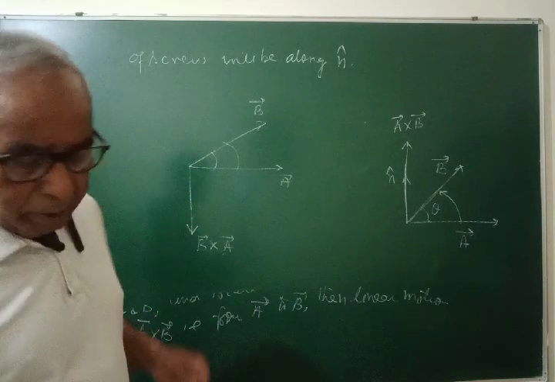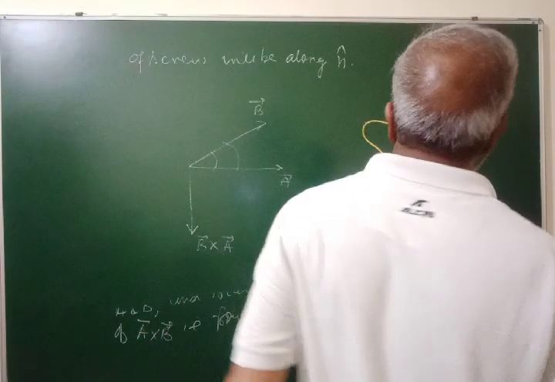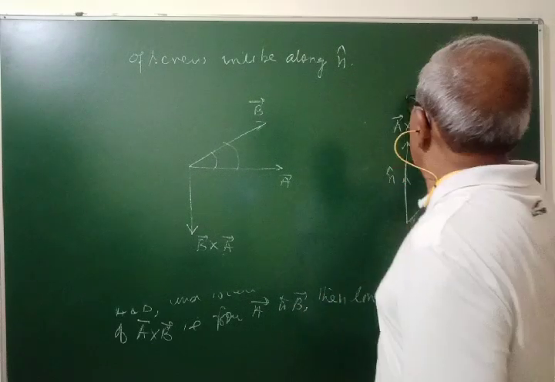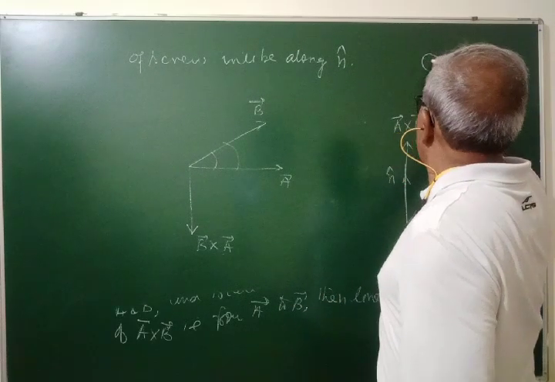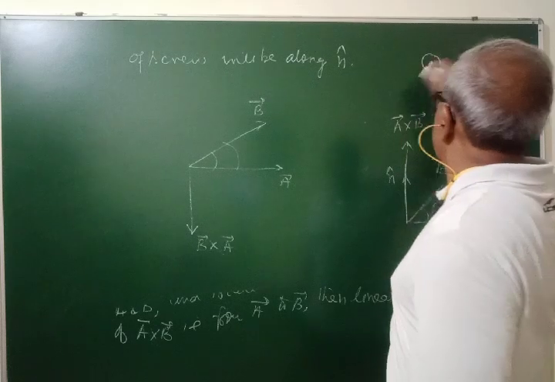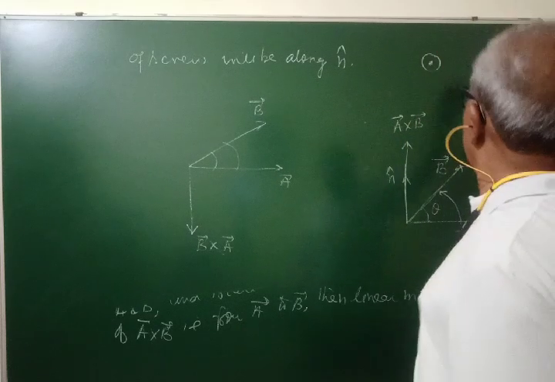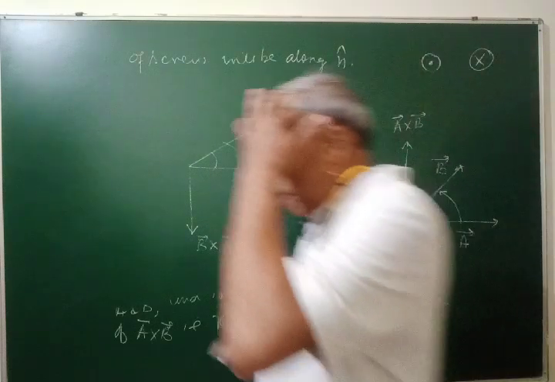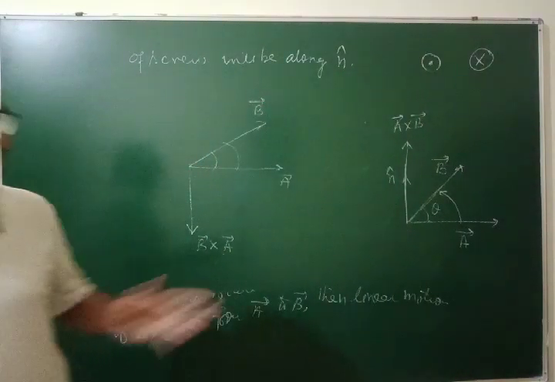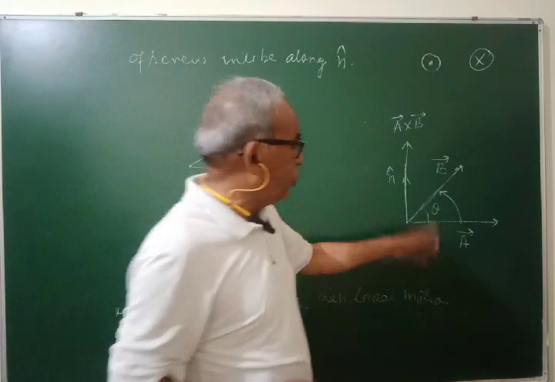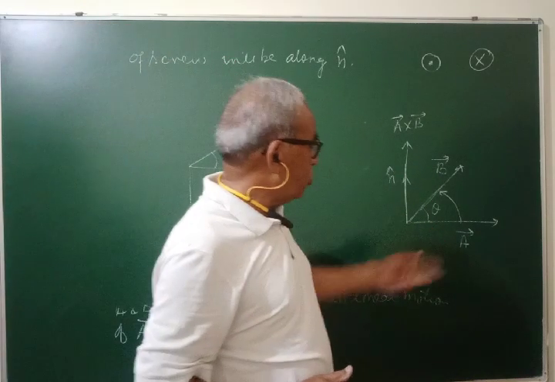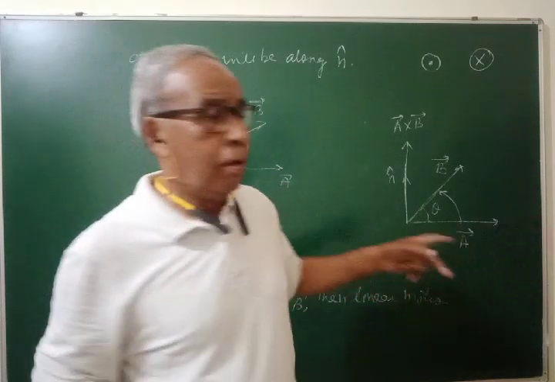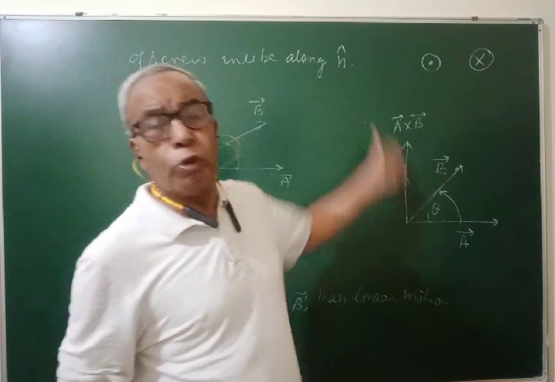In the coming chapters, any vector normal to the plane of paper and outward, we put a dot there, and a cross for inward. We will use this convention also. But here we have to understand A cross B. So A cross B here is normal to the plane of the board and outward. Not like this; it has been shown this way.